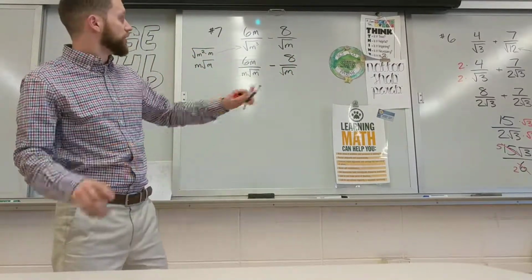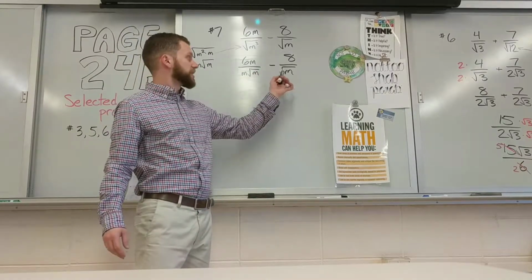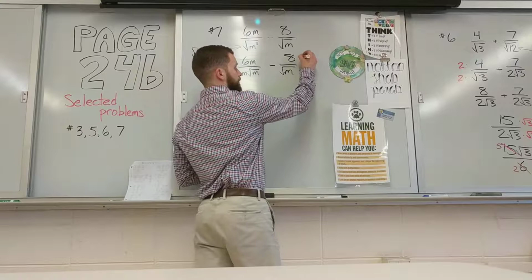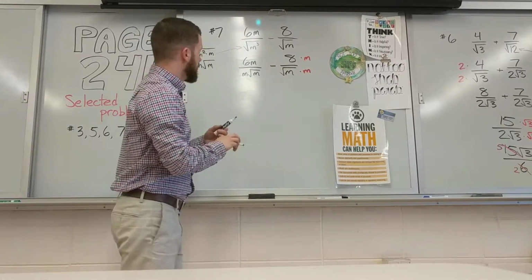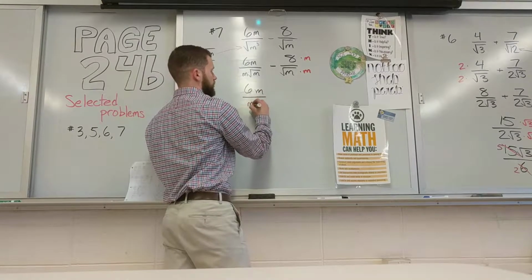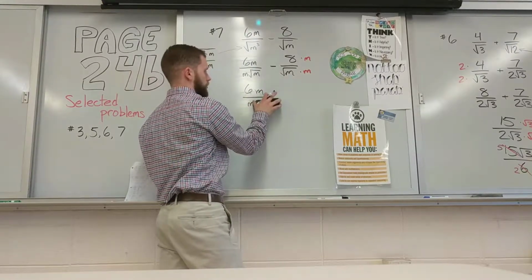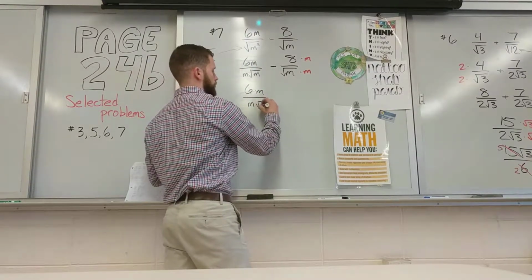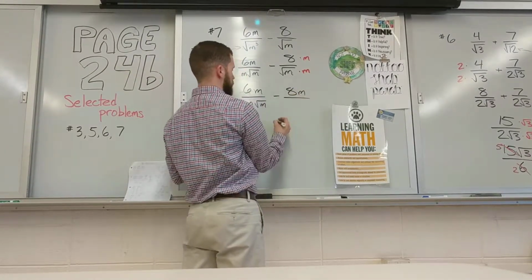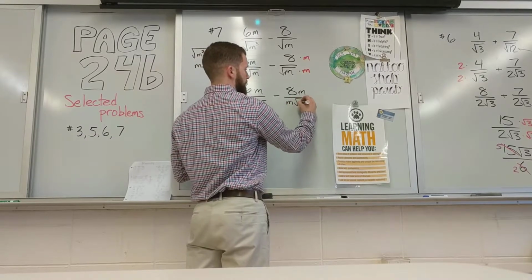Okay, now we need to make these have common denominators. So right here we want to multiply by an m on the top and the bottom, and we are now going to have common denominators. So 8m over m root m.